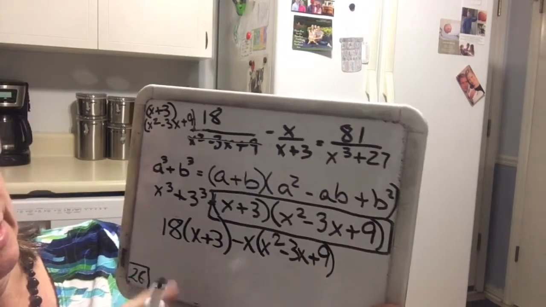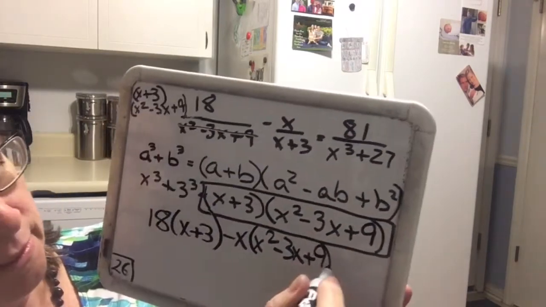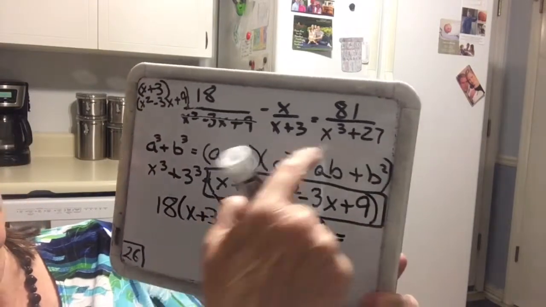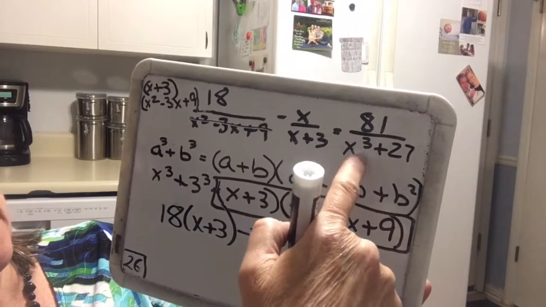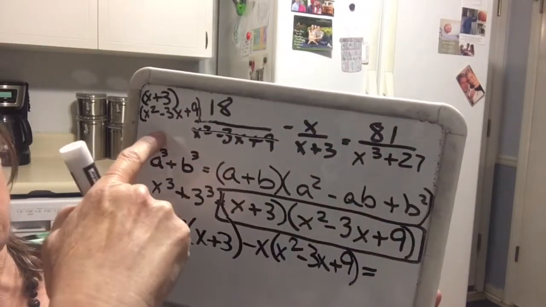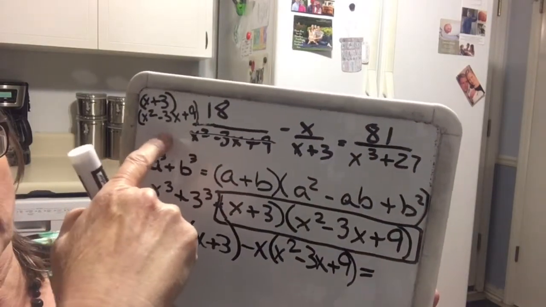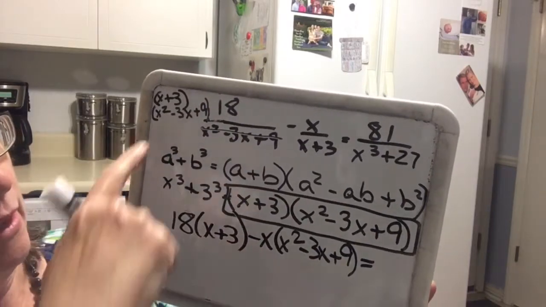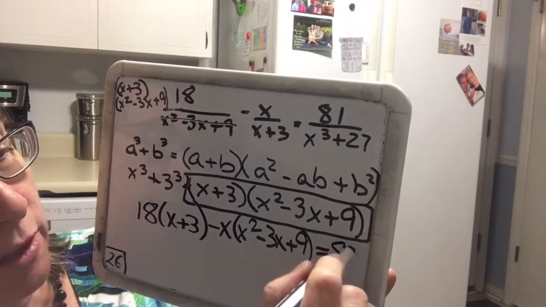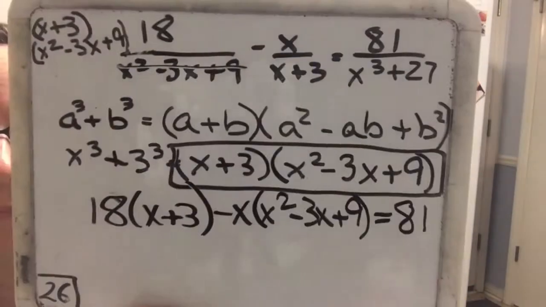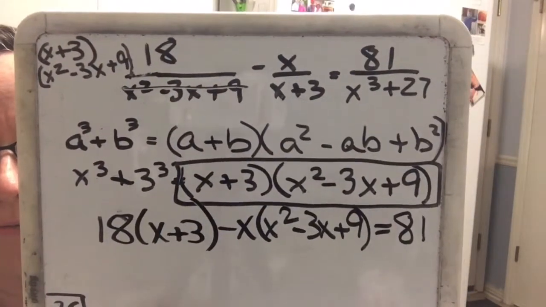Okay, and then lastly, the third term, the denominator x cubed plus 27 is the same as the factored form of the same denominator. Therefore, this is going to cancel the denominator here, and I'm just left with an 81. Okay, so that's what I have so far.